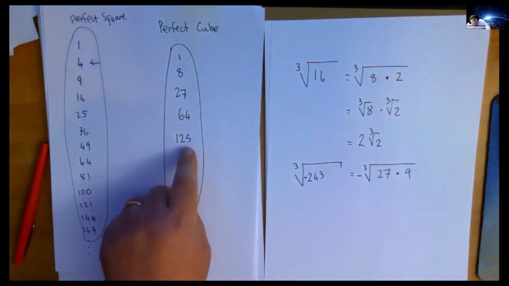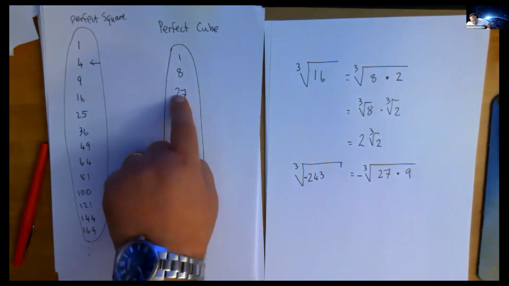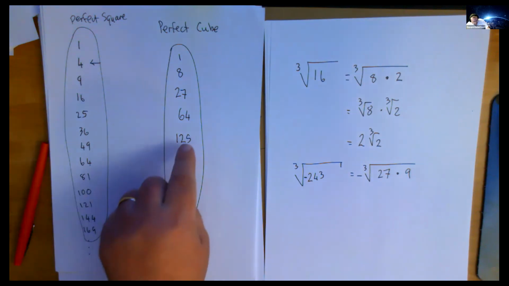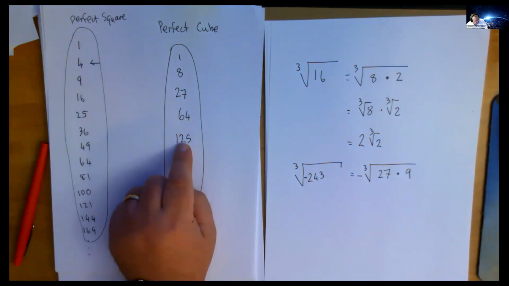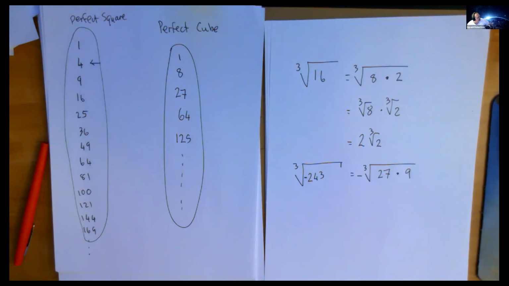If I know that it has to be one of these numbers, which I kind of do, why would I have picked 27 without even thinking about it? Well, would you agree that 125 is a non-starter? Because the only thing 125 works with is numbers that end in 0 and numbers that end in 5.